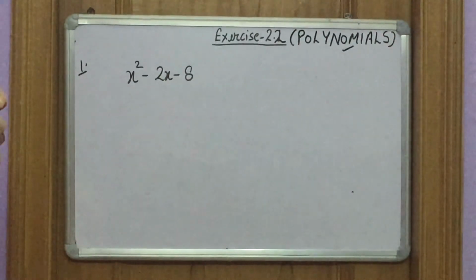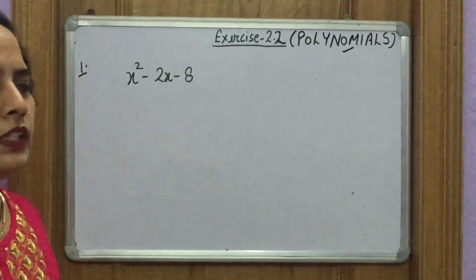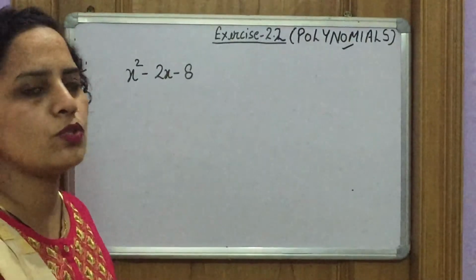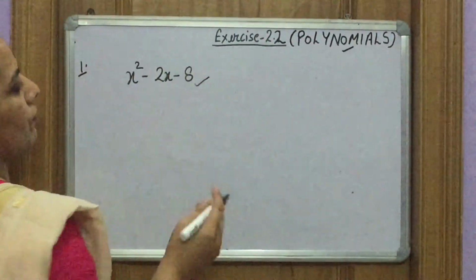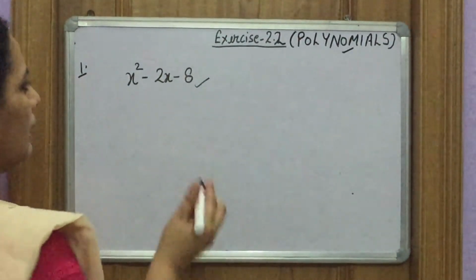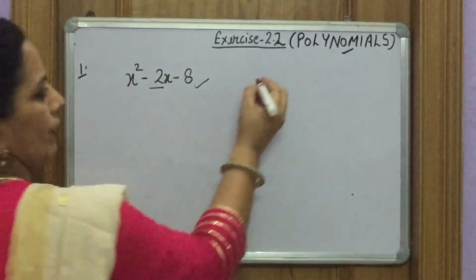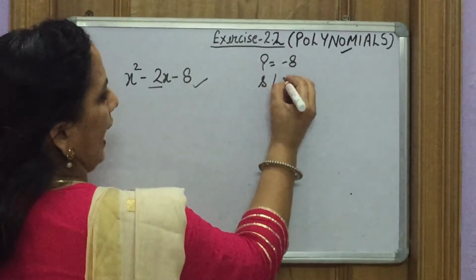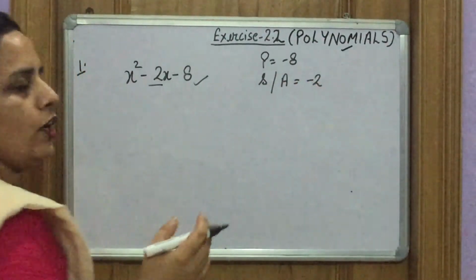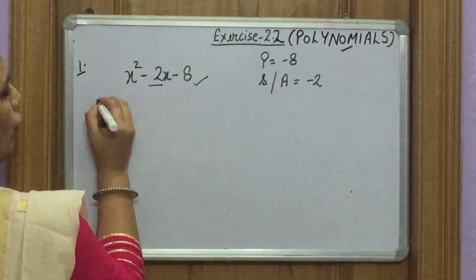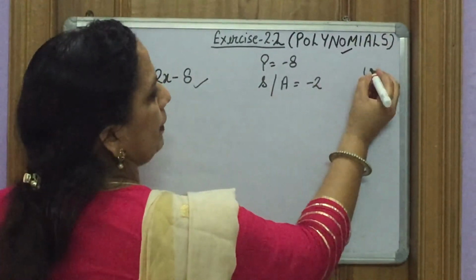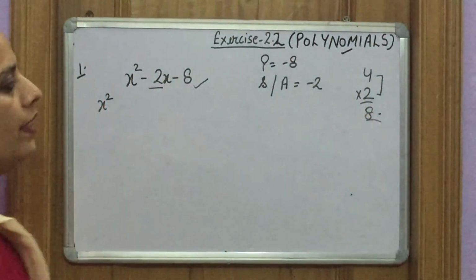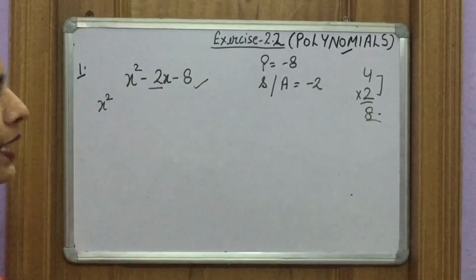So how can we find them? We find two numbers which, when multiplied, give -8, and when subtracted or added, give 2. It will be 4 and 2, because when we multiply these two numbers we get 8, and if we subtract these two numbers we get 2.